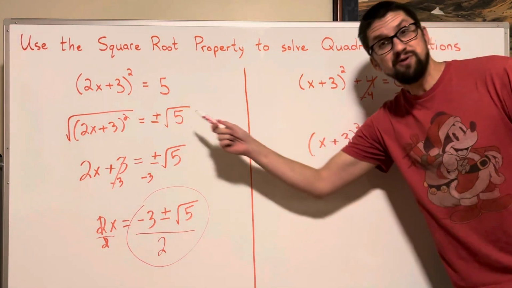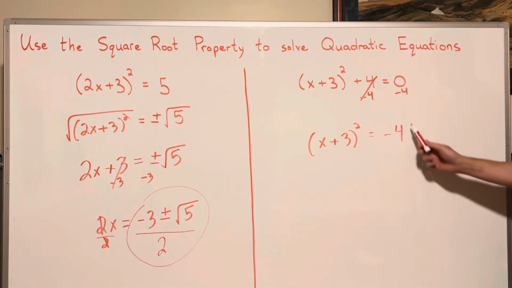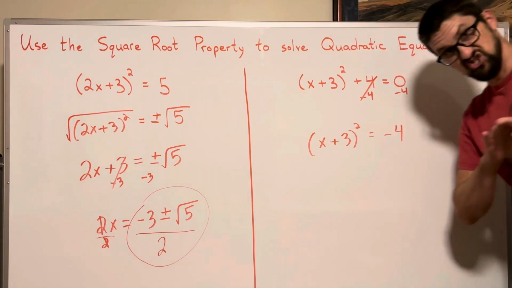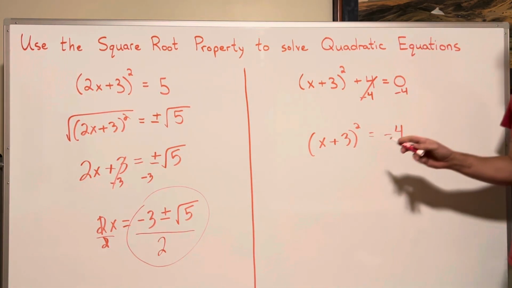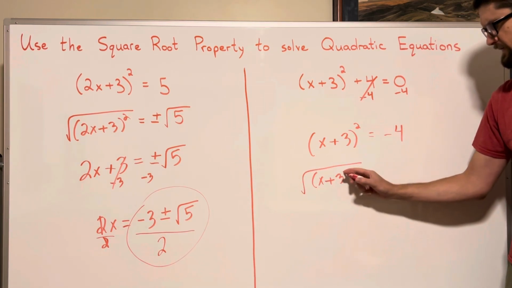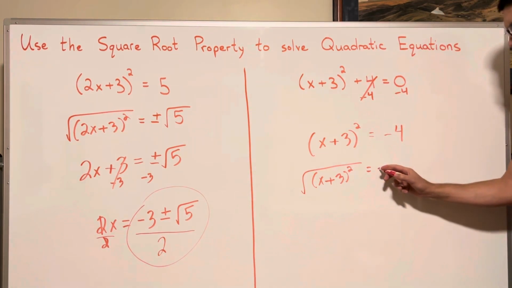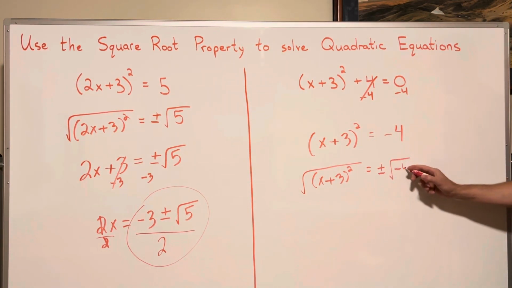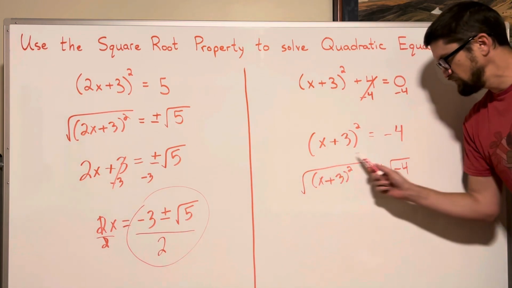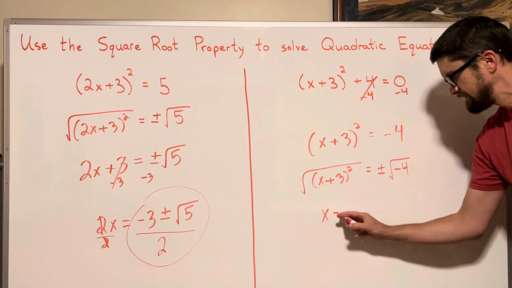Remember, this square root property only works if one side is squared and the other side is just a number. All right, we're going to square root both sides. Don't forget the plus or minus sign. The square root and the square, they go away, so you just have x plus 3 here.